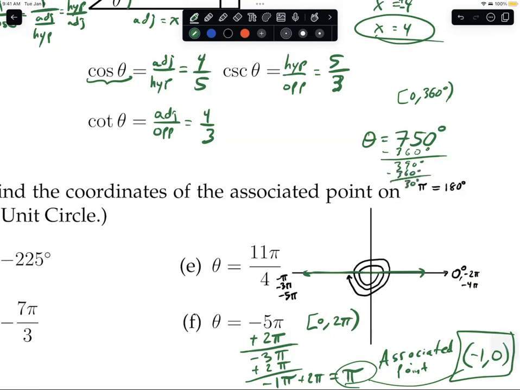So 750 degrees is coterminal with 30 degrees. And since we had to subtract 360 twice, that means it is a 30-degree angle, and then 2 more rotations around the circle.